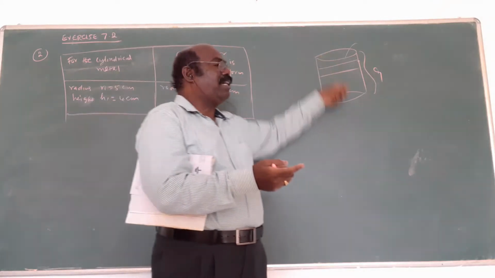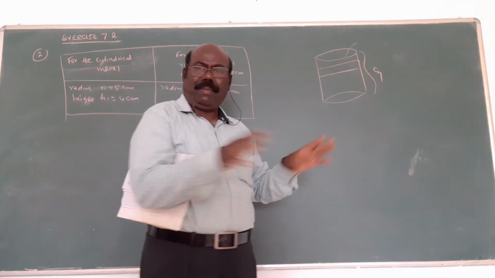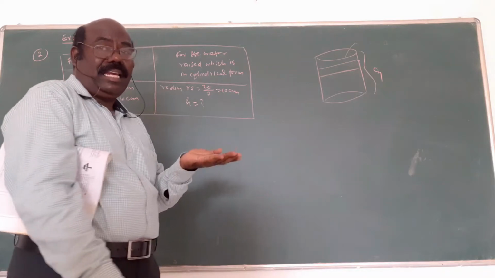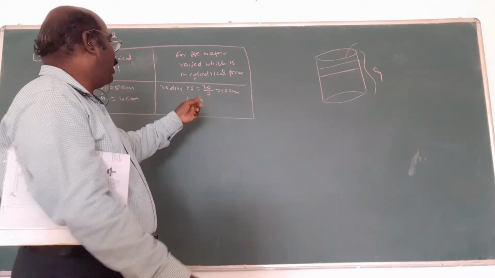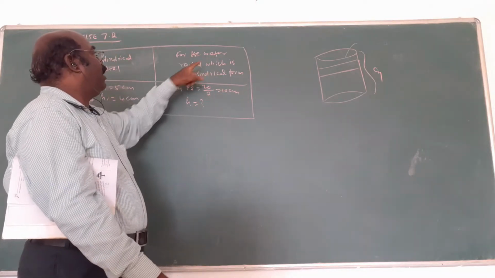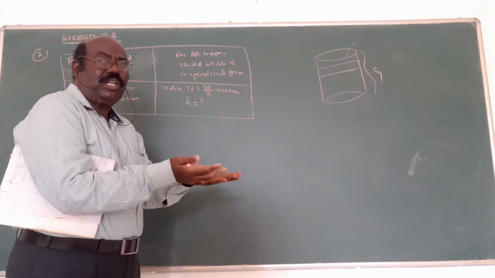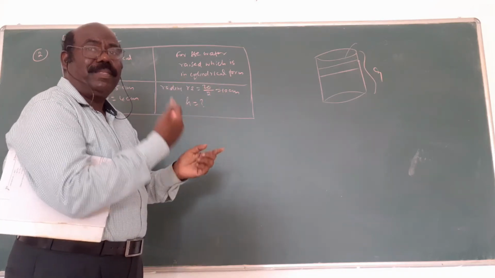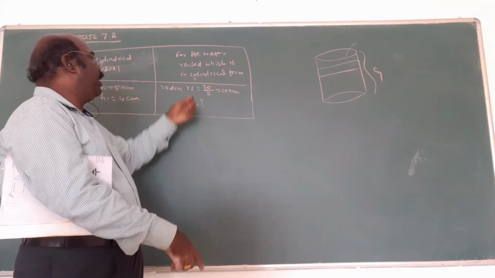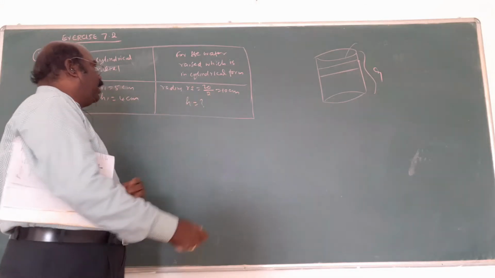The total height is not asked. We want only the rise in the water level, which is also cylindrical in form. That is why H is what is asked, and H is fixed.